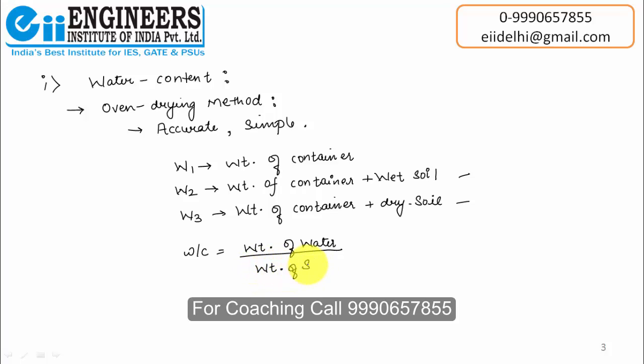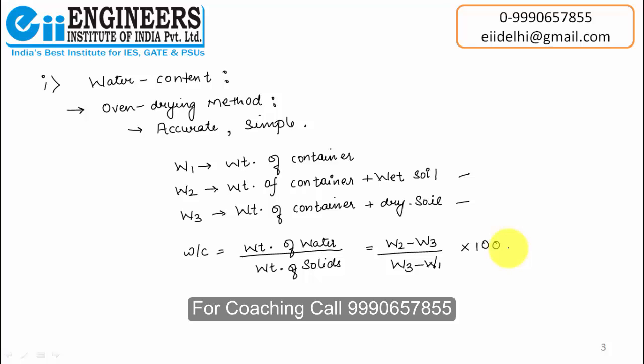So weight of water is W2 minus W3 and weight of solids is W3 minus W1. Since we express this in percentage, I am multiplying it by 100.